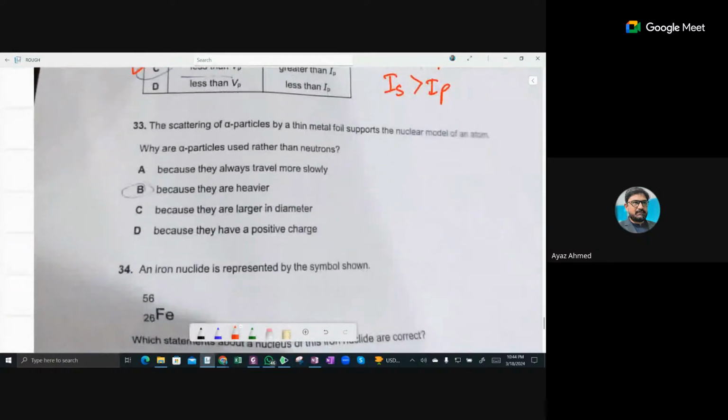Question 33. The scattering of alpha particles by metal foil supports the nuclear model of the atom. Why are alpha particles used rather than neutrons? Because they travel more slowly? No, they are heavier. Because they are larger in diameter? No, not at all. Because they have a positive charge?